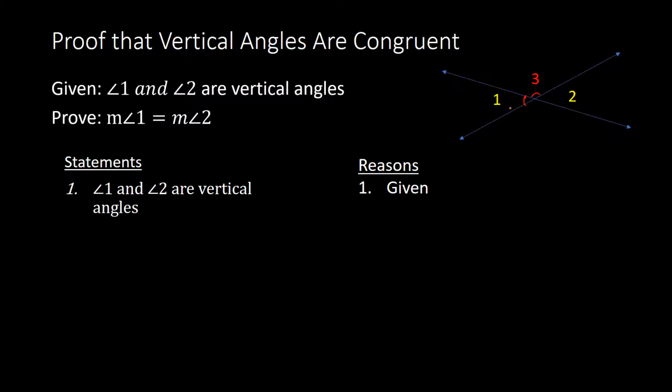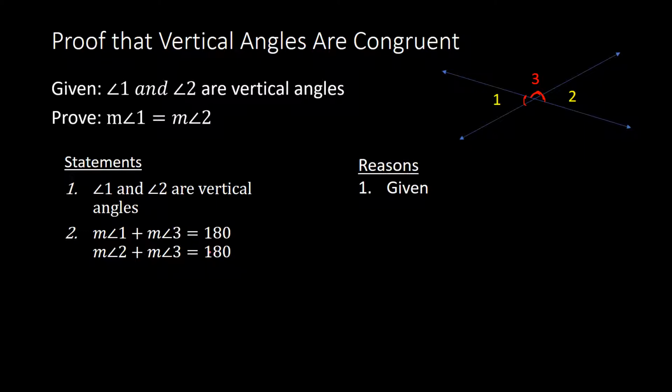So we know that if we were to add a measure of angle 1 plus a measure of angle 3, that's going to equal 180 degrees. And same thing with angle 2 and angle 3. If I add angle 2 and angle 3 together, notice that's going to create this entire line right here, which is also 180 degrees. So now we have two equations where both of them are equal to 180.